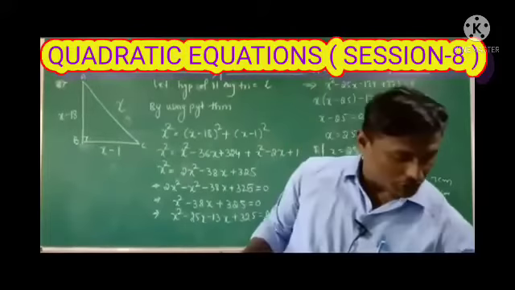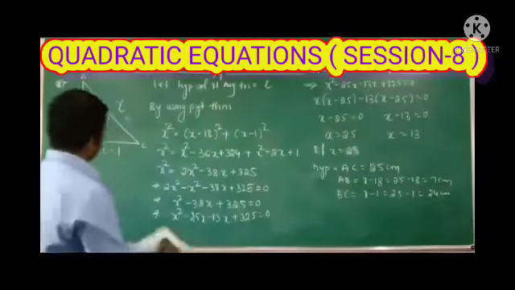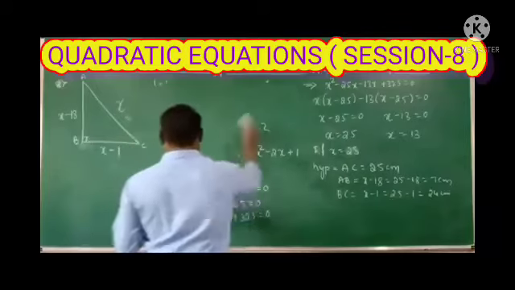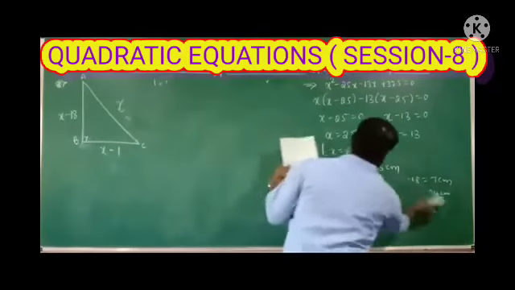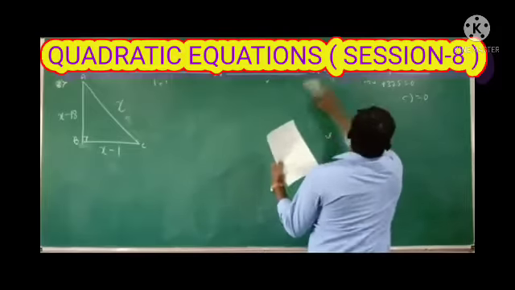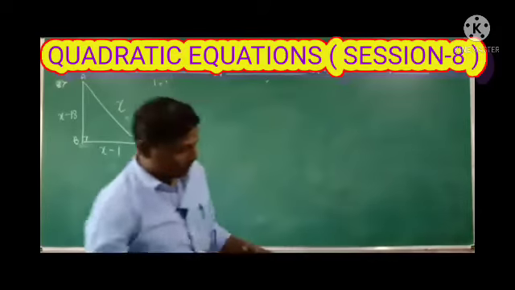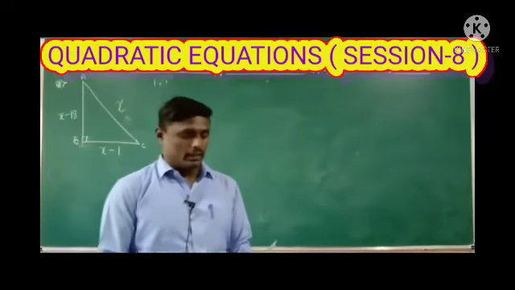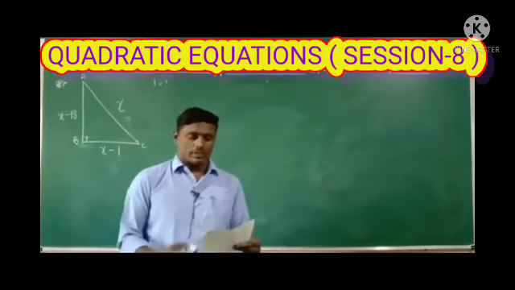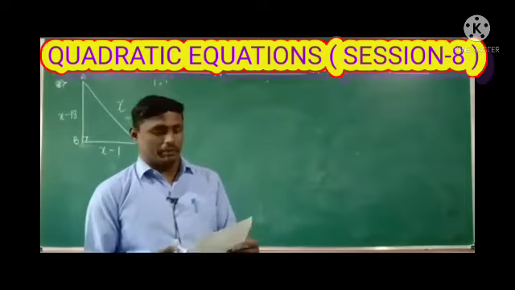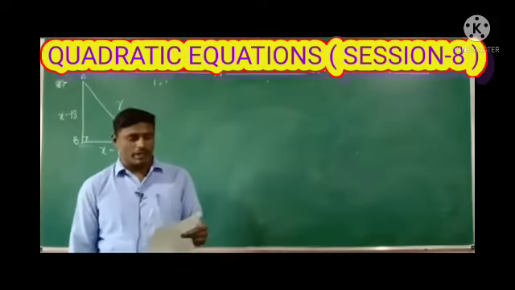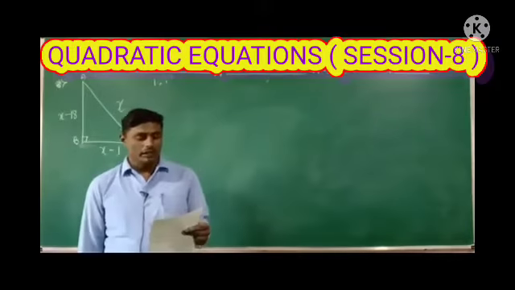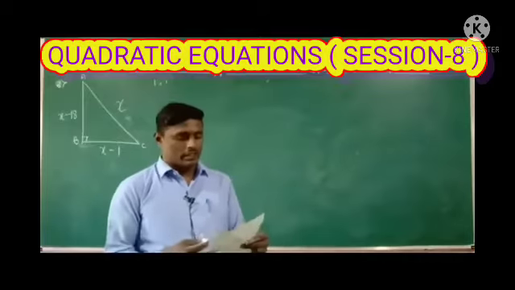See the next, fourth question. The sides of a right angle triangle containing the right angle are 4 centimeter and 2x minus 1 centimeter. If the area of the triangle is 30 centimeter square, calculate the lengths of its sides.